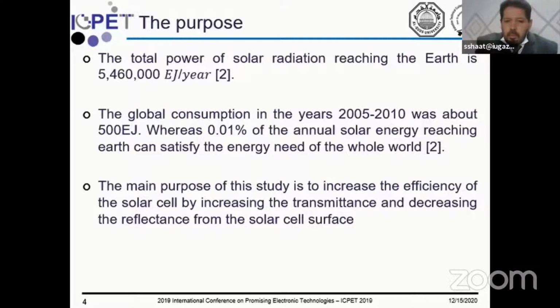Whereas the global consumption in the years 2005 to 2010 was about 500 electric joule, whereas 0.01% of annual solar energy reaching Earth can satisfy the energy need of the whole world. Whereas the main purpose of this study is to increase the efficiency of the solar cell by increasing the transmittance and decreasing the reflectance from the solar cell surface.